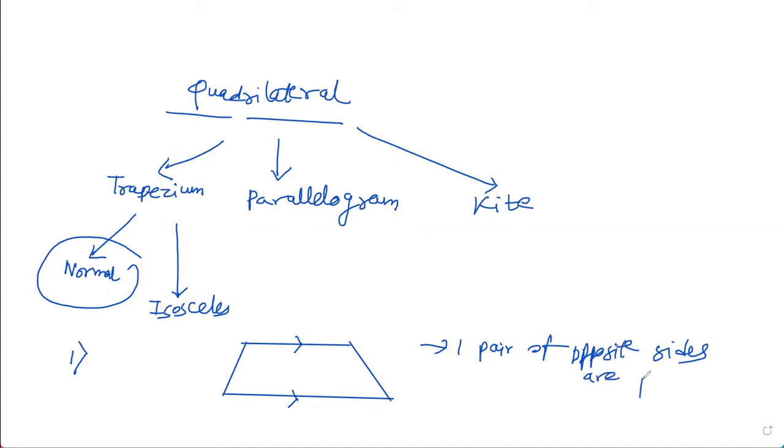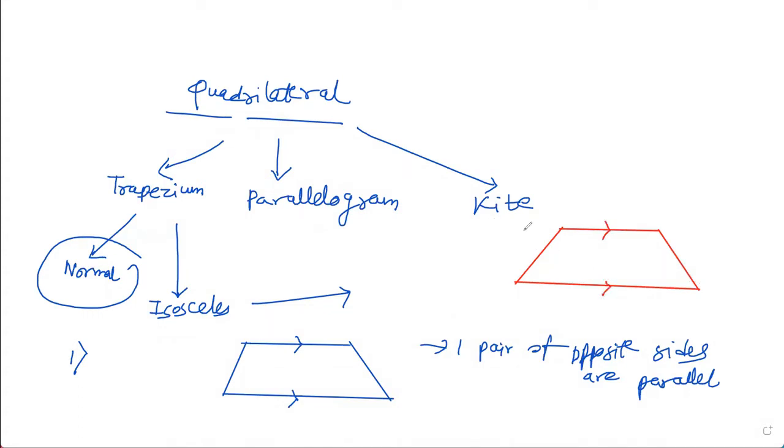Now, coming to the next type, the isosceles one. What is the isosceles? The isosceles looks like this. All of you first see the figure, then it will be clear how this particular trapezium is different from the normal one. The special property about isosceles trapezium is, first of all, it's a trapezium, so we already have that one pair of opposite sides are parallel.